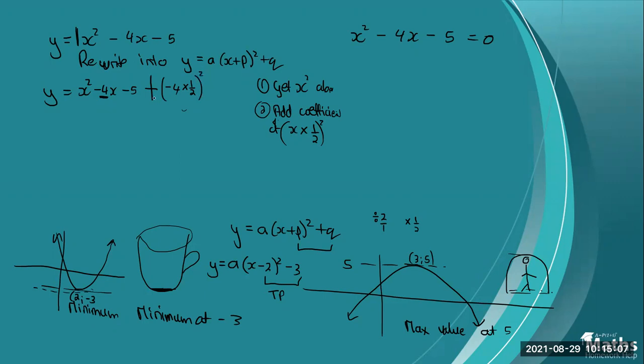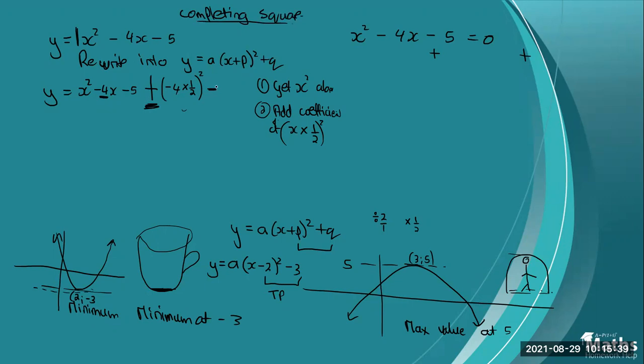Now, in maths, the sums must always be balanced. So if you decide to add something, you must also subtract it. But if there's an equal sign, what you add on the one side, you also add on the other side. And that's the main difference between these two types of sums when we do completing the square.